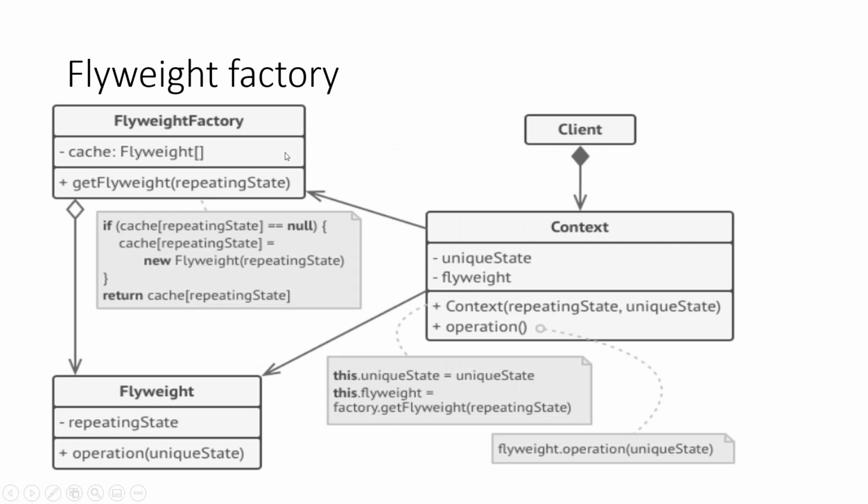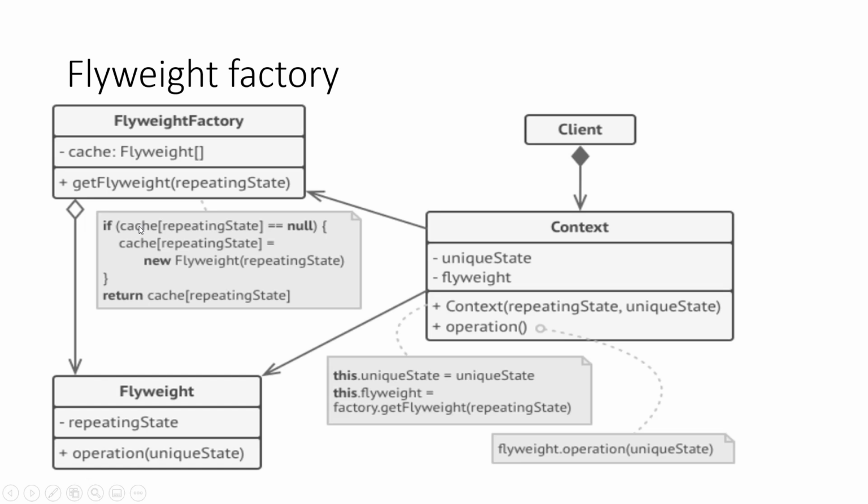So we'll be creating a flyweight factory where this cache has all the kinds of bullets. Only when a new kind of bullet comes in will we create a new instance of it.